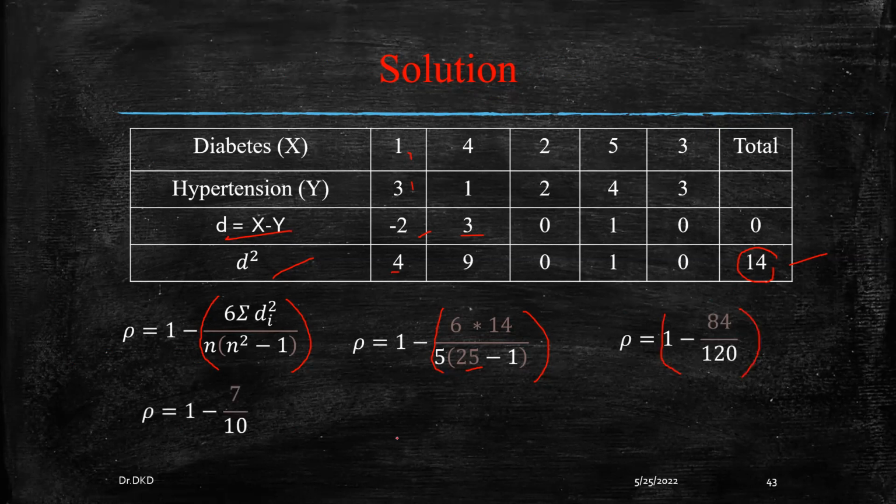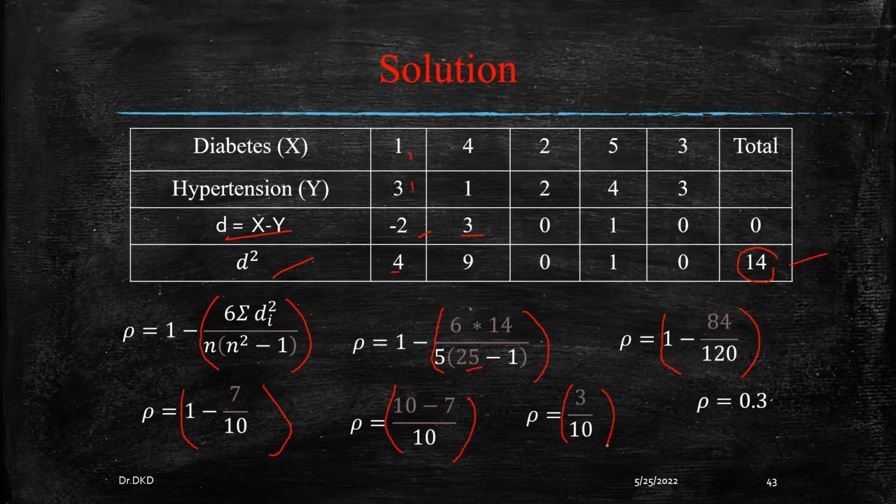Then we get 1 minus 7 by 10. Then 10 minus 7 by 10. Then we get 3 by 10. The Spearman rank correlation value is 0.3.